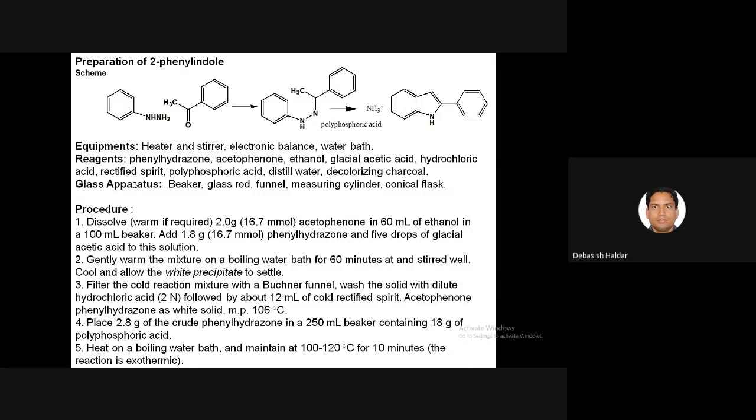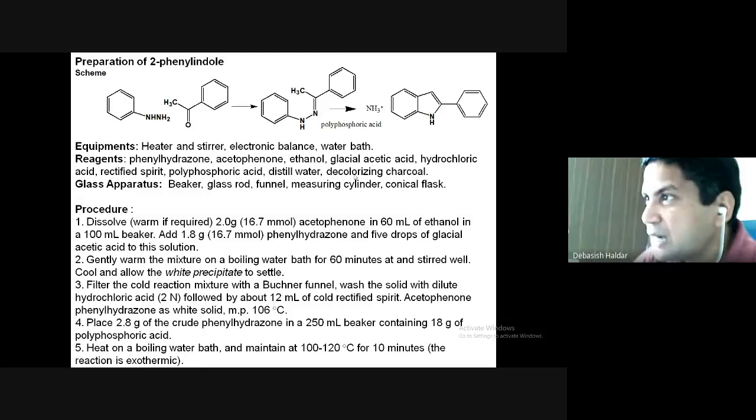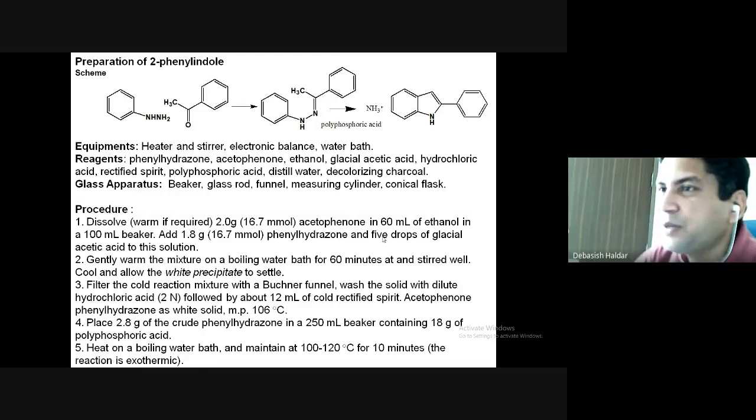Reagents we need: phenyl hydrazine, acetophenone, ethanol, glacial acetic acid, hydrochloric acid, rectified spirit, phosphoric acid, distilled water, decolorizing charcoal. Probably we don't need the charcoal; if there is a lot of color, we can use that. Anyway, the glass apparatus is also simple: beaker, glass rod, funnel, measuring cylinder, conical flask, etc.